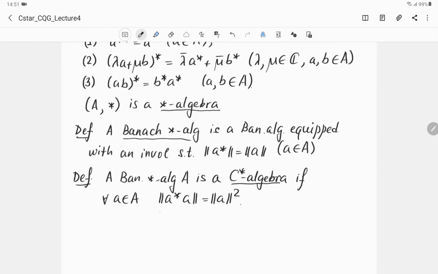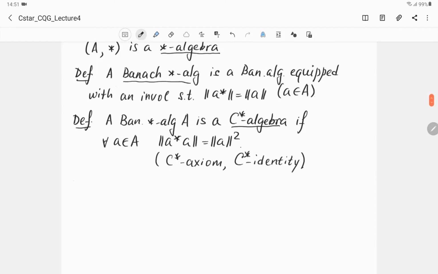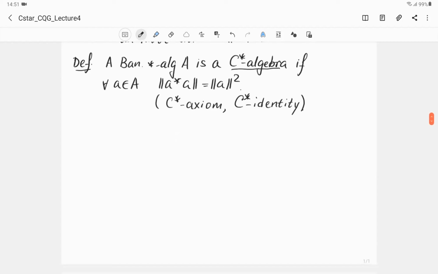This identity is sometimes called the C-star axiom or the C-star identity.